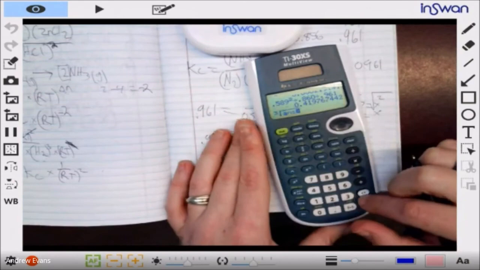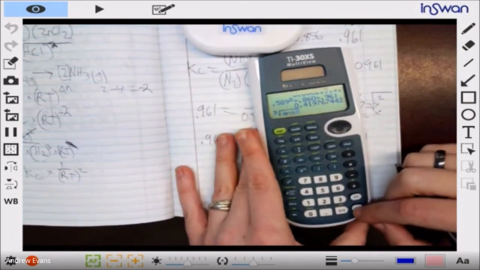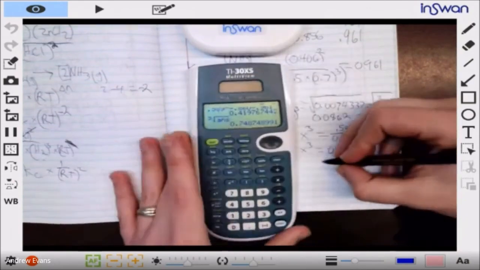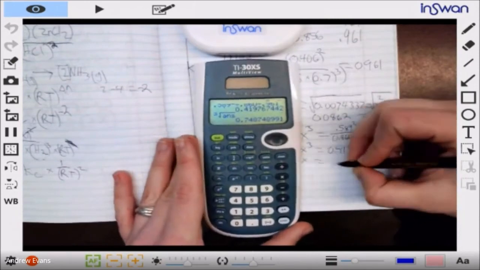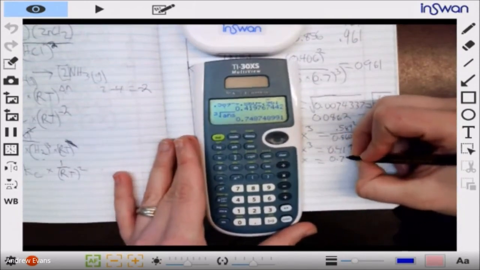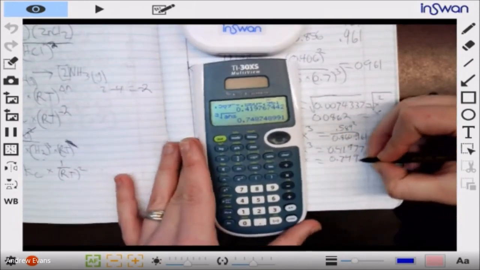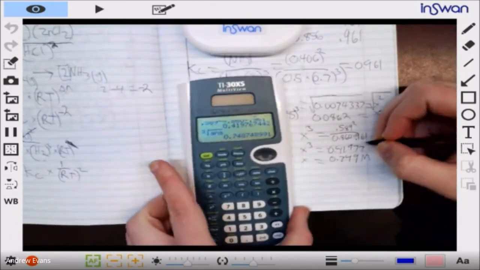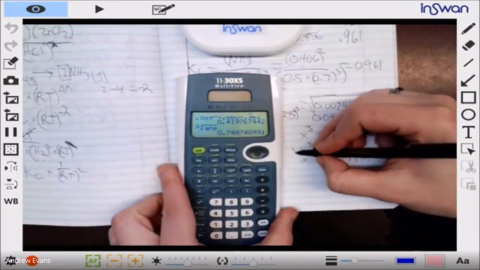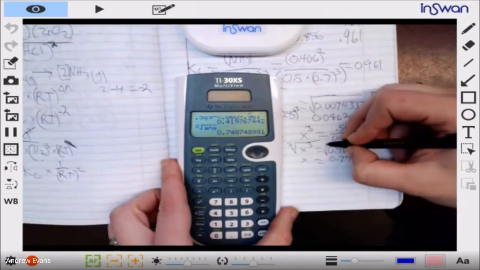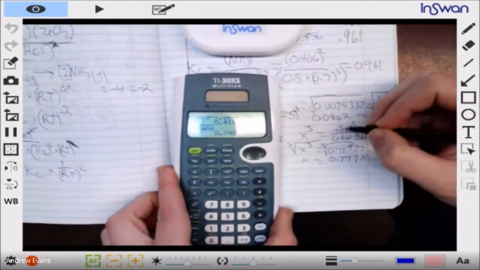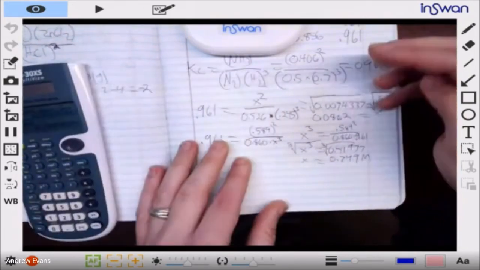So I take the cube root of the answer to get x equals 0.749. The cube root gives us our answer.